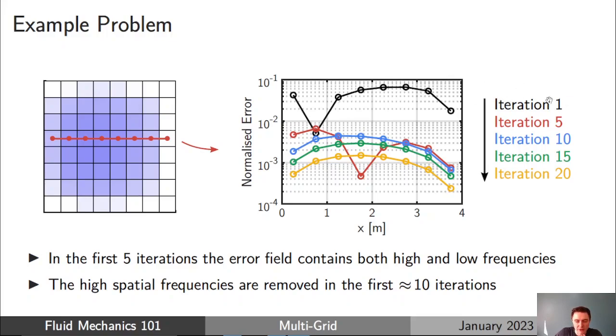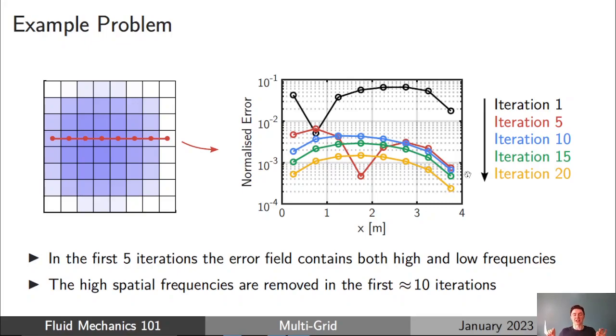And when we move from iteration 1 through to iteration 5, moving down to the red line, the iteration error has of course reduced. We're getting closer to convergence, but those high frequency components that vary between cells are still there. Once we get to iteration 10 and iteration 15, we can see that the variation of the error is indeed smooth. It now looks like a low spatial frequency.